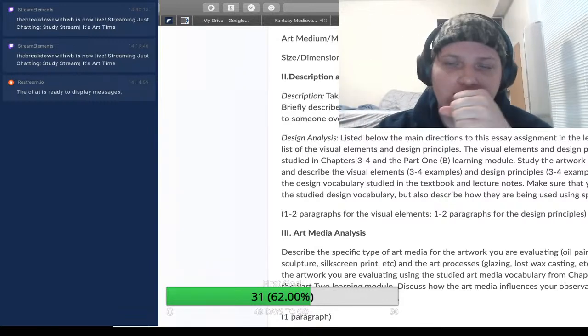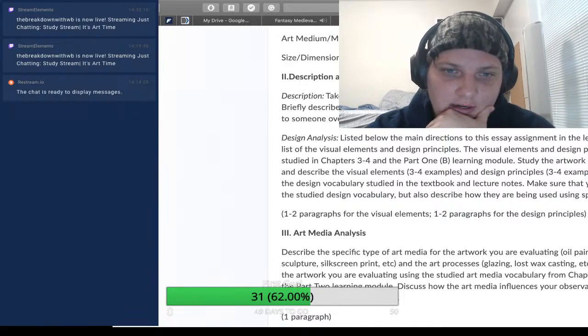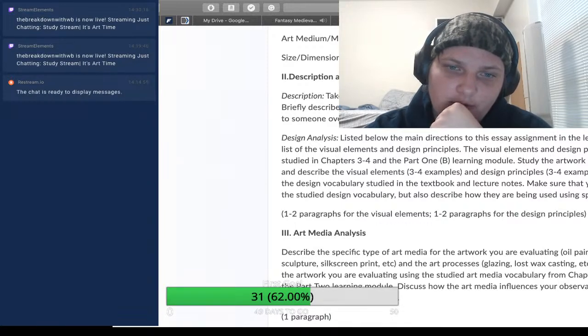Describe the object, subject matter as being represented. Briefly describe in 4 to 6 sentences what you were using. Facts only. Design analysis listed below. The main descriptions to the essay and the lecture notes is a list of visual elements and design principles. The visual elements and design principles are also studied in chapters 3 and 4 in part 1B, learning module.